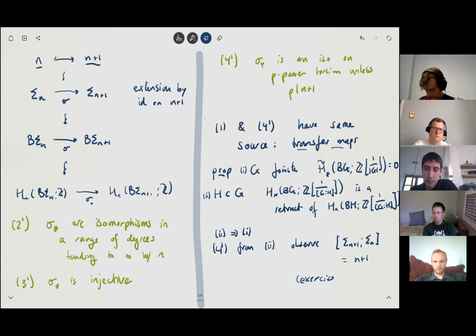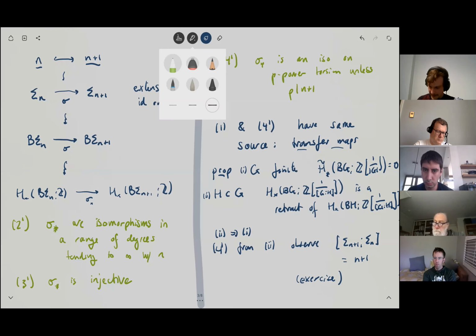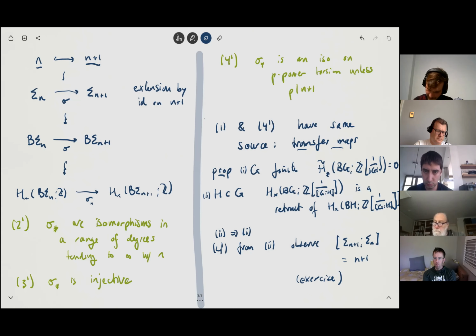May I ask a question? Yeah. What do you mean a retract between homology? Oh, that's why I made this an exercise, because I should have made a stronger statement. There's a natural map given by including the group.